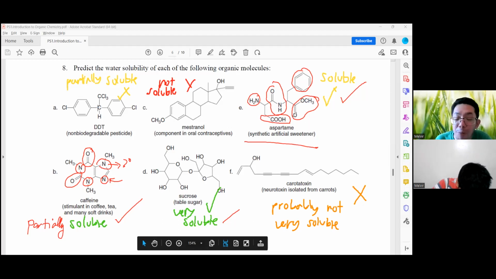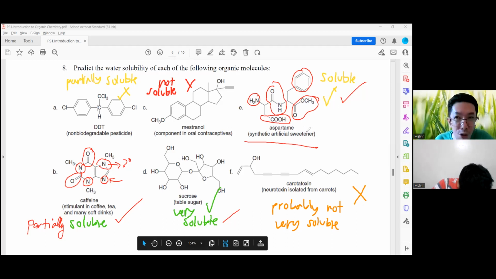Kahit ako, skeptical ako na nagko-cause siya ng cancer kasi ang aspartame, Josh, ay isang dipeptide lang. Ibig sabihin, mga amino acids 'to na present sa katawan natin. Kapag na-metabolize yan sa katawan, gano'n pa rin naman siya unless sa amount.